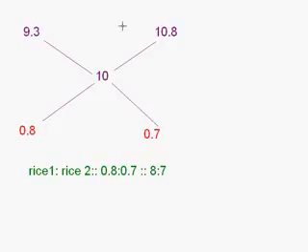You can also interchange these two, and if you are interchanging, like 10.8 over here and 9.3 over here, then you just need to change this also, like rice 2 will be here and rice 1 will be here. So you should always write at the top whether you're doing it for rice 1 first or rice 2 first, similarly variety 1 or variety 2. If you follow the procedure correctly, you will never be wrong.